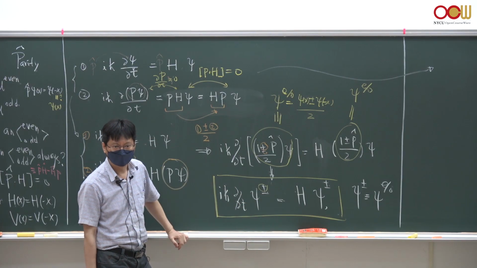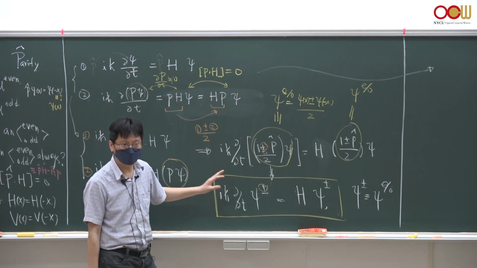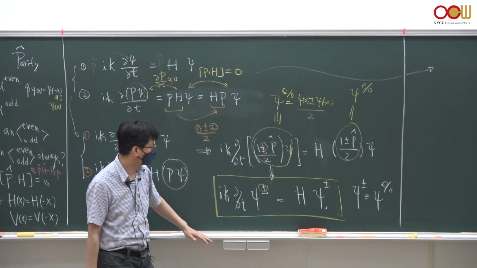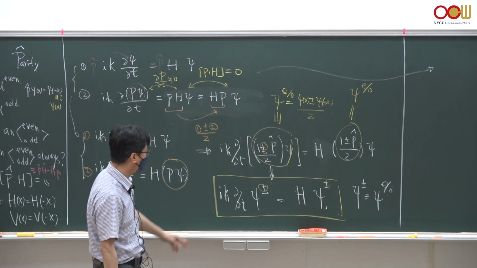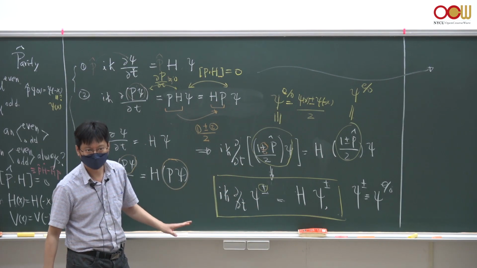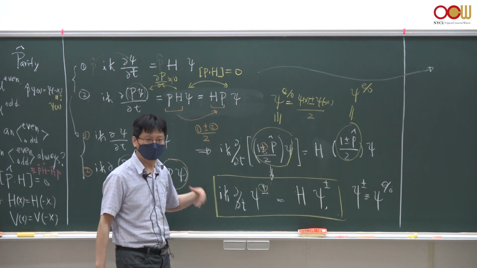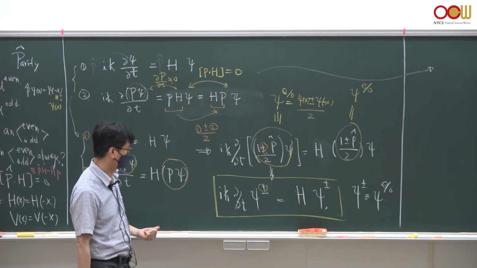So even and odd eigenfunctions satisfy Schrödinger equations independently and separately. Therefore, the time evolution of psi even and psi odd are completely decoupled. So psi even would not time evolve into psi odd and vice versa.